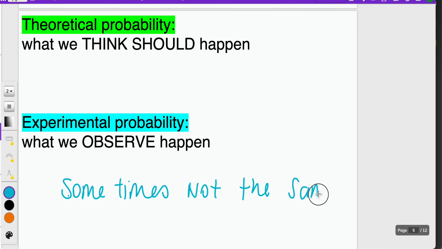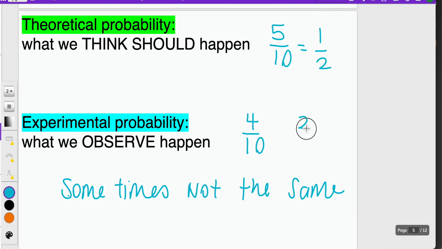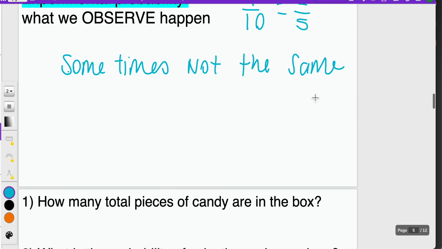So for example, if we think that we should flip a coin and land on tails 5 out of 10 times, that would be approximately 1/2. But maybe when we experiment with it, tails doesn't happen exactly half the time. Maybe tails only happens 4 out of 10 times, which then would reduce to 2 out of 5 times, okay? So notice that these two things do not always have to match up.